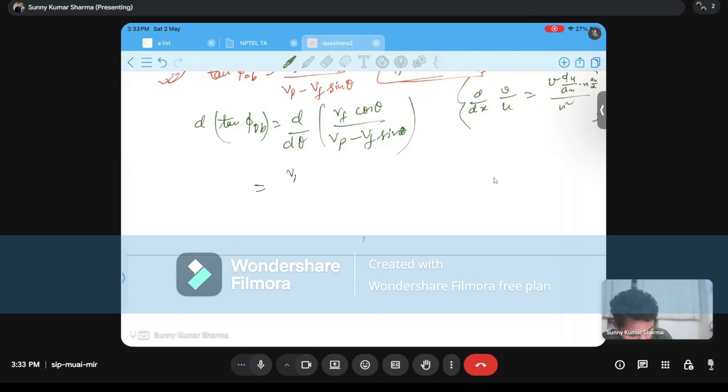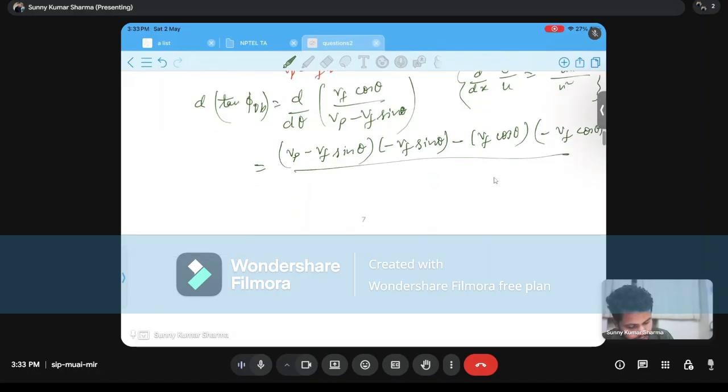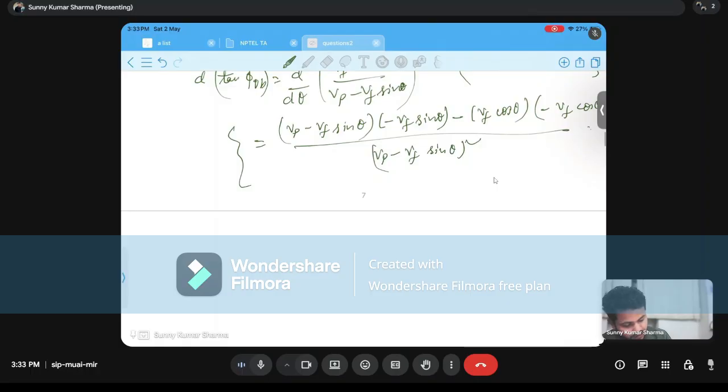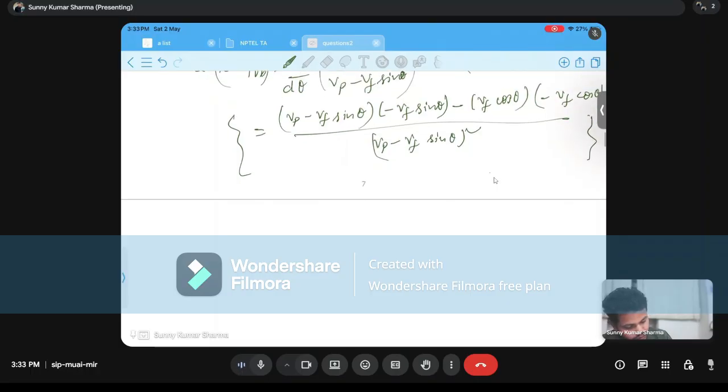So first we will keep this denominator, that is Vp minus Vf sin theta, and the differentiation of Vf cos theta is minus Vf sin theta, and we will keep Vf cos theta, and we will differentiate the denominator, and it will become minus Vf cos theta, and the denominator will be Vp minus Vf sin theta whole square. We equate it to 0.